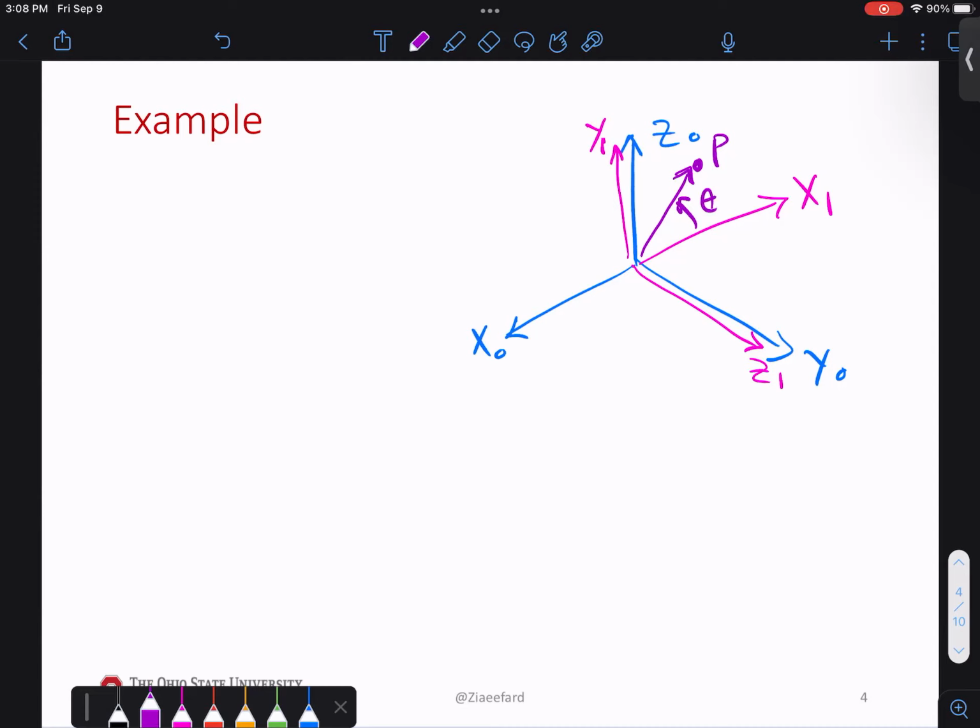So if this rotated theta in one of your frames, you want to know how much it rotates in the other frame, or what is the transformation in another frame. Our original frame is frame 0. We show x0, y0, z0, and then our new frame is frame 1, x1, y1, z1.